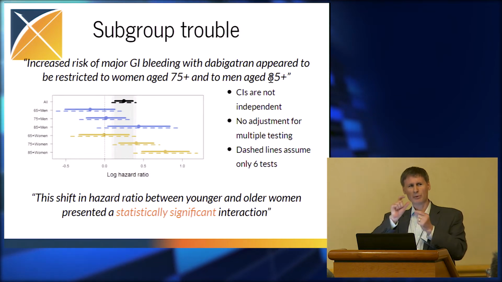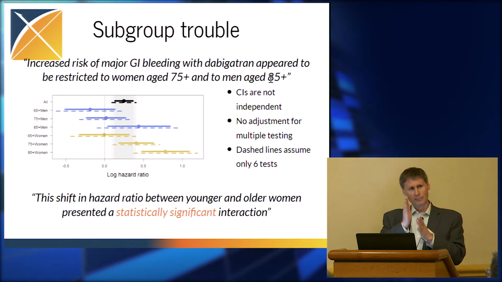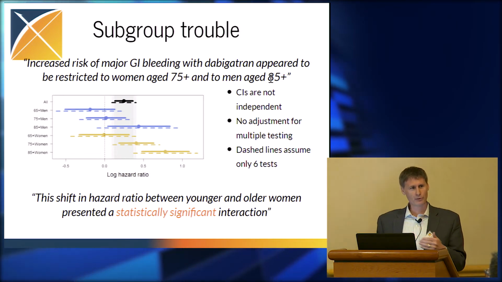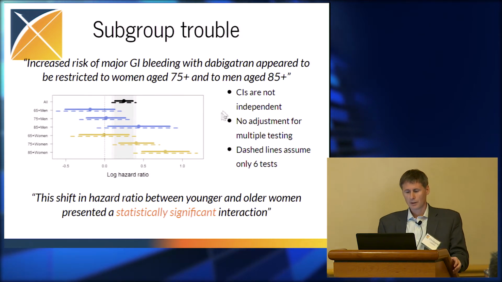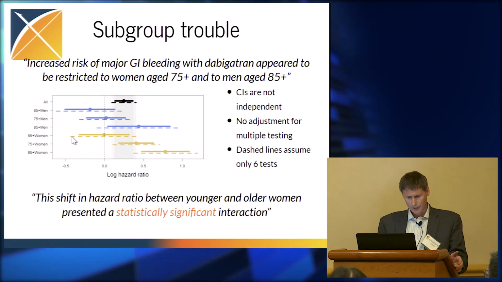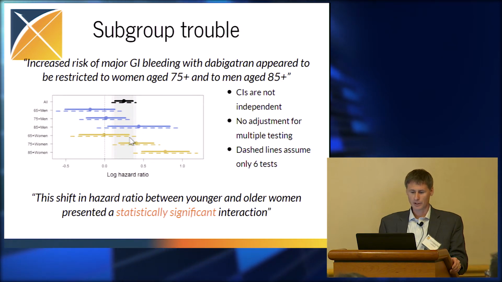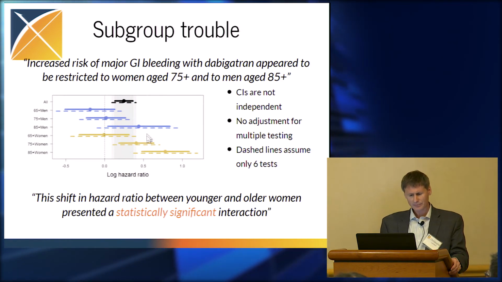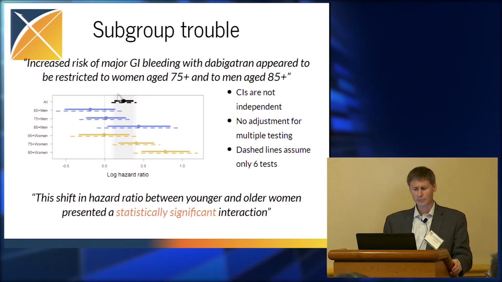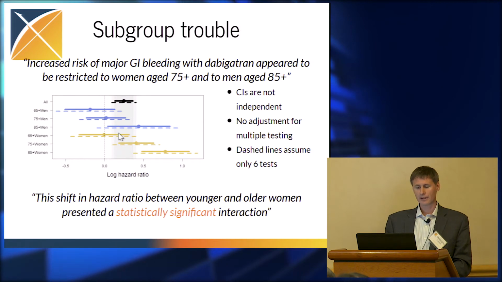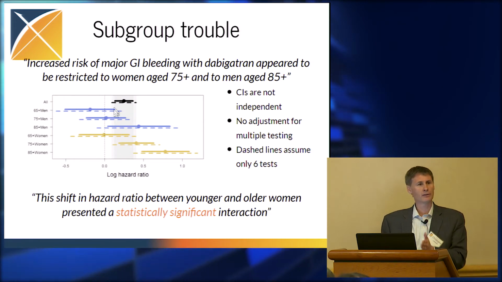That sounds like there's some multiple testing going on where they pick these particular thresholds and so forth. But if you adjust for the multiple testing and increase the confidence limits, is it clear that there's any difference among these different subgroups? Looks like there's an overlap of these confidence limits.